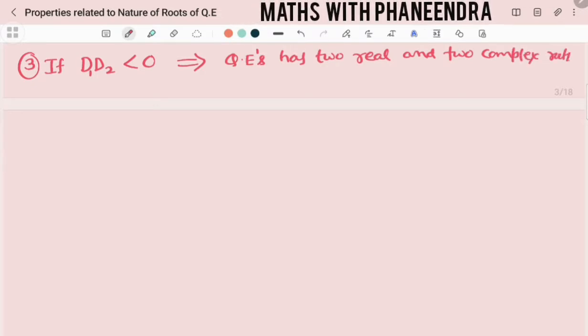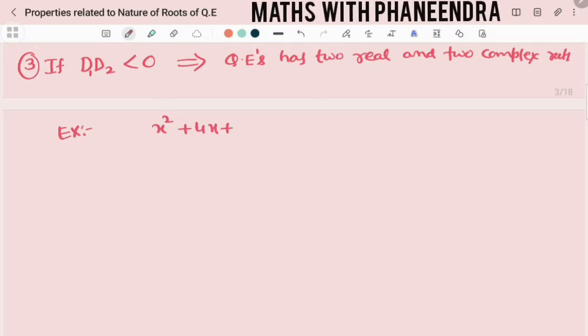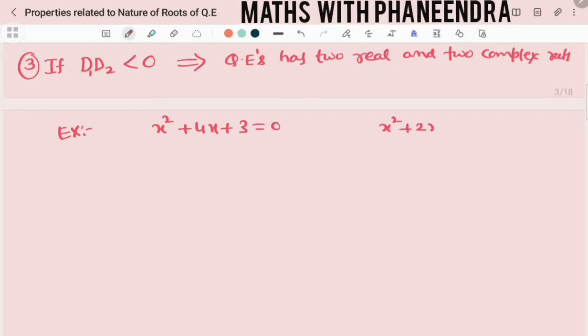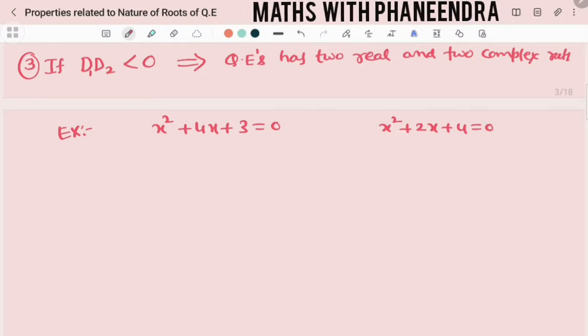For example, we take the same equations as before: x square plus 4x plus 3 equal to 0, x square plus 2x plus 4 equal to 0.